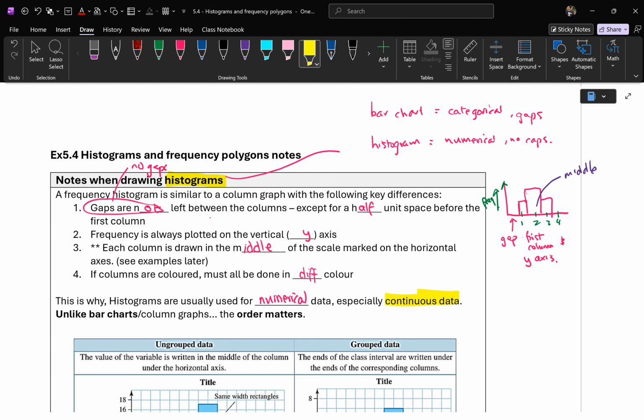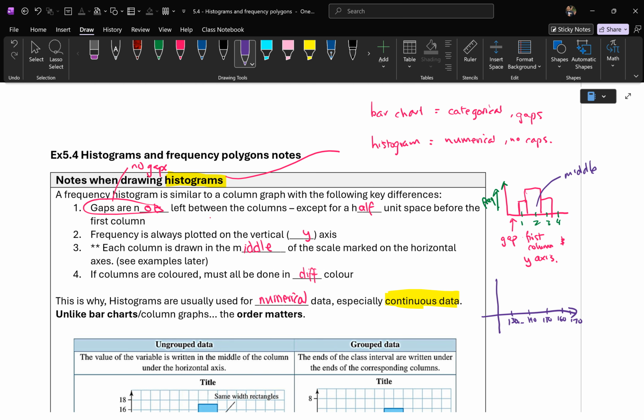Especially continuous data. If you're wondering why it has to be continuous, think about the number line. When we're doing frequency, if it's continuous, for example measuring your height, your height could be between 130 centimeters, 140, 150, 160, 170.